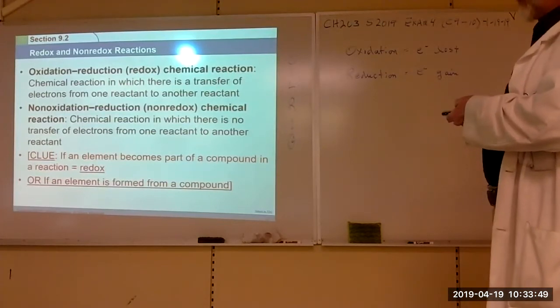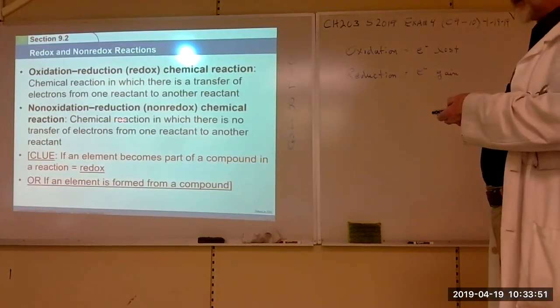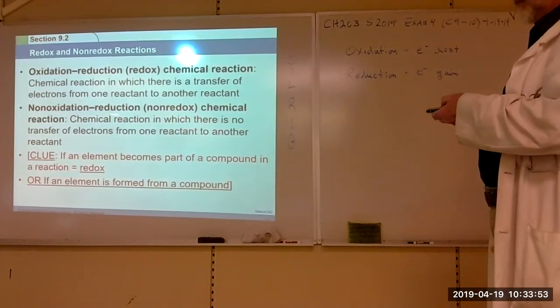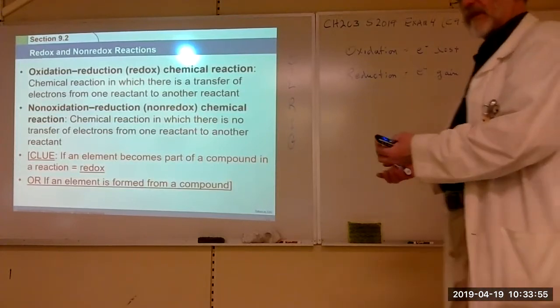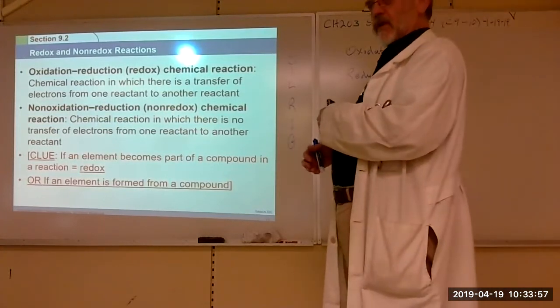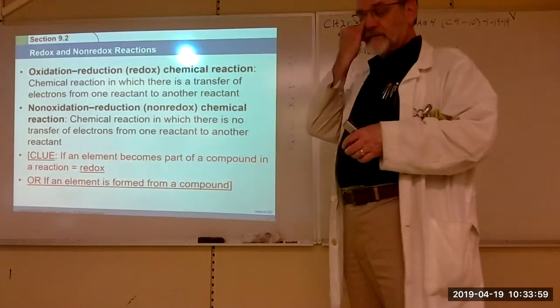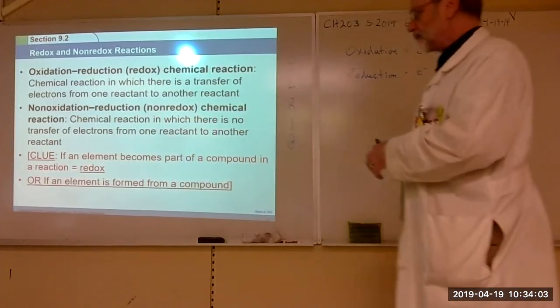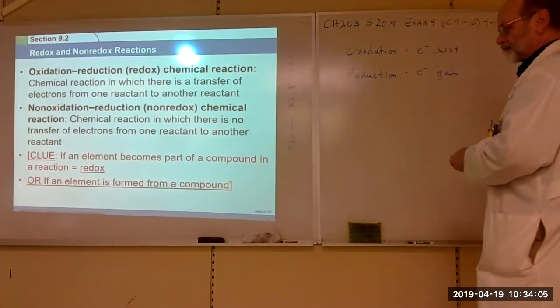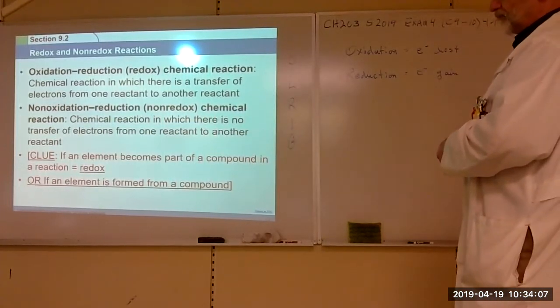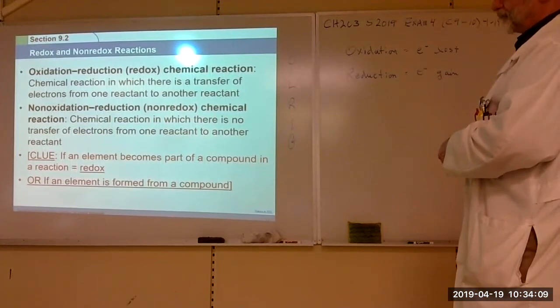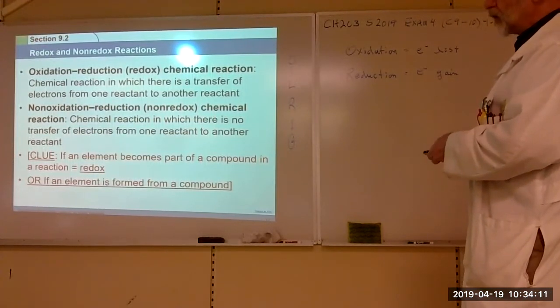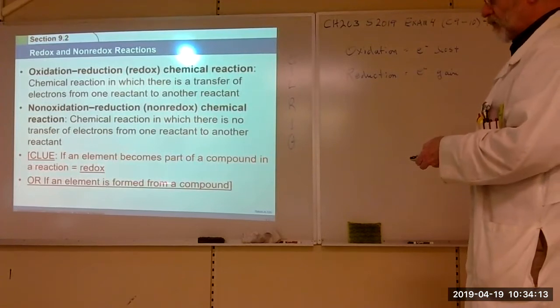And then, of course, you have chemical reactions which are not oxidation reduction. You have the reaction, but there is no transfer of electrons. So I'm going to show you how to tell whether electrons have been transferred. These are clues that you can use to identify a redox reaction.